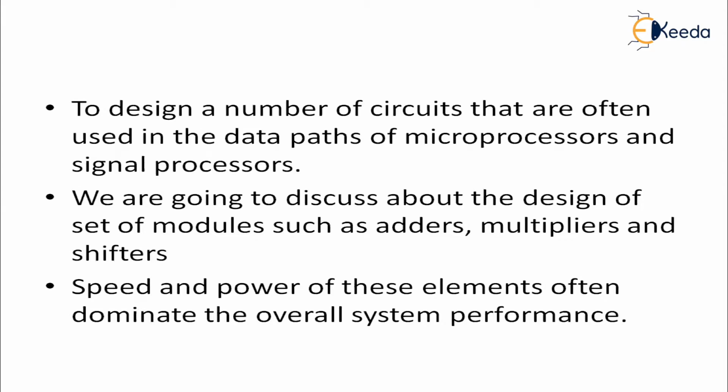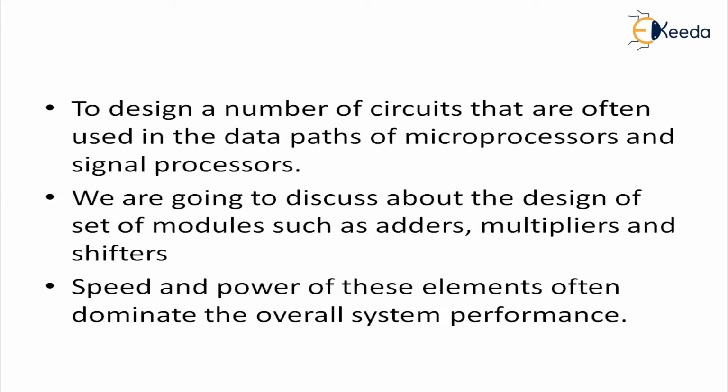At the same time, why am I specific about these circuits? It is because the data path is going to dominate my overall system performance. How? What parameters is the system performance based on? The speed and power of these elements can dominate the overall system performance.